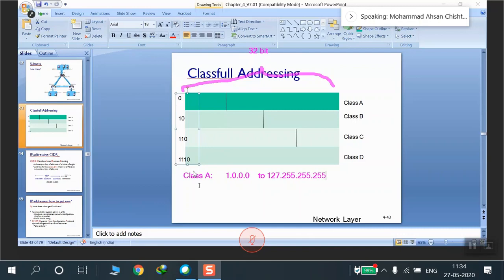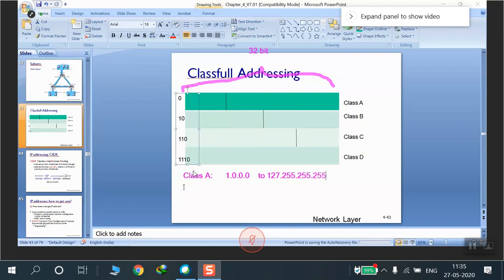Since we are using decimal notation, we have the value at every byte from 00000000 to 11111111, the maximum possible, which in decimal is from 0 to 255, 256 possible values that we can have. And this is for class A.